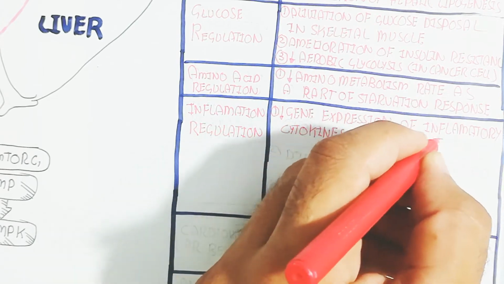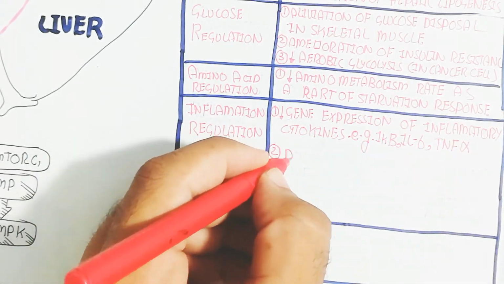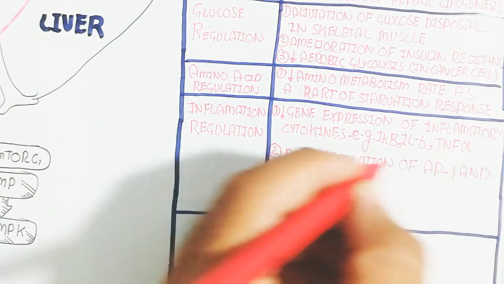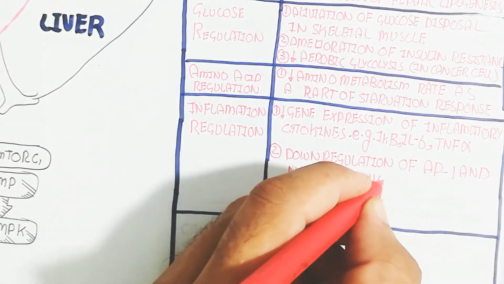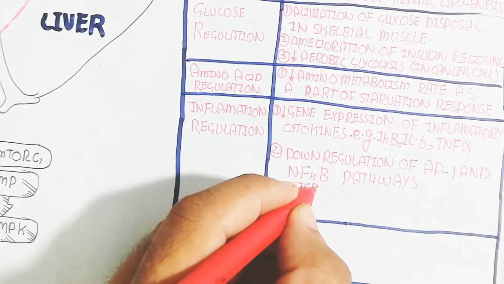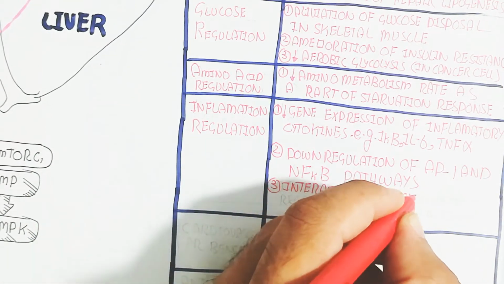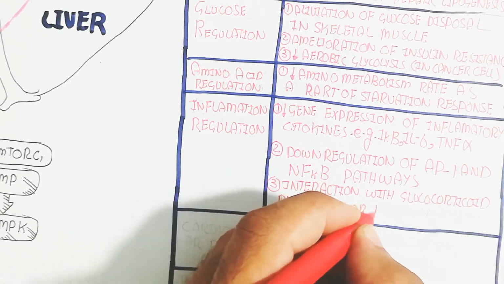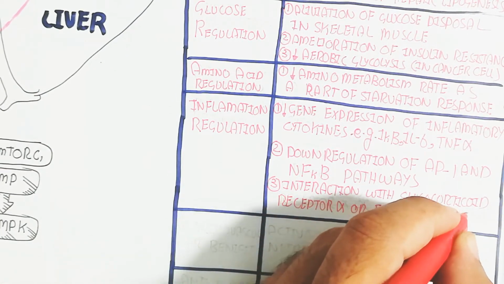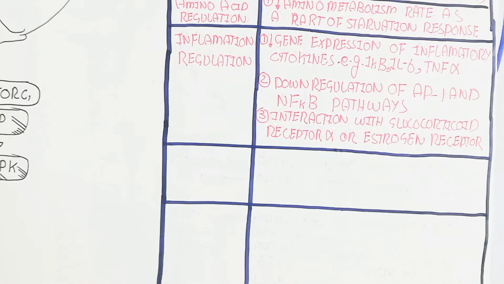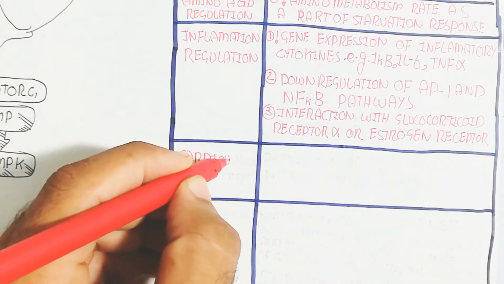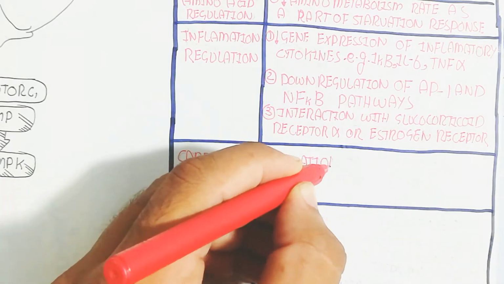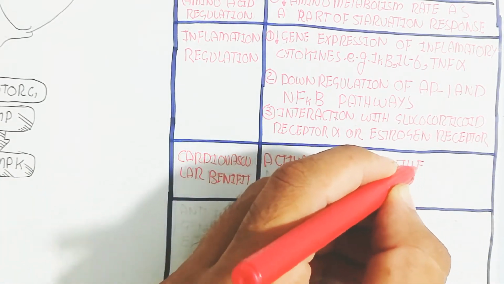The inflammation regulation: number one is the gene expression of inflammatory cytokines, for example interleukin 6 and tumor necrosis factor alpha. And number two is the down regulation of APAF1 and the nuclear factor kappa B pathway for inhibition of apoptosis, and interaction with the glucocorticoid receptor alpha or estrogen receptor.